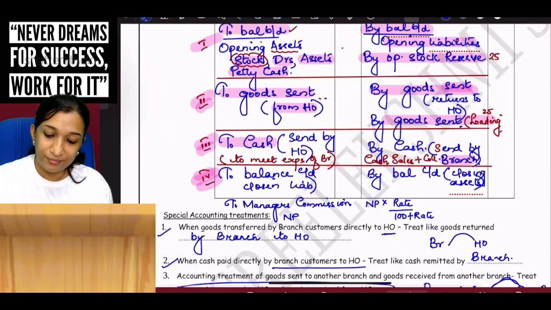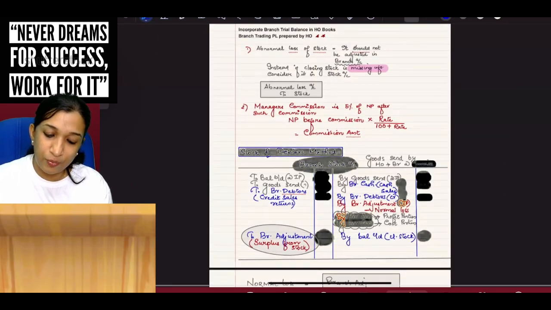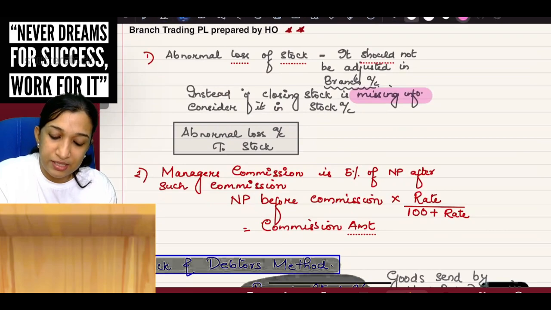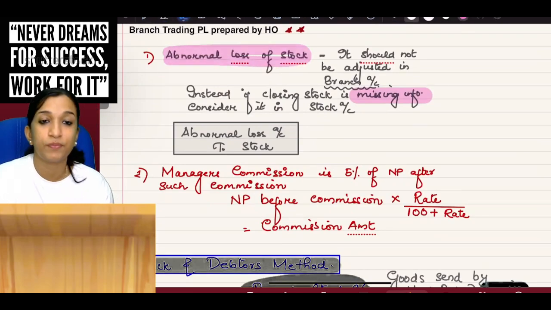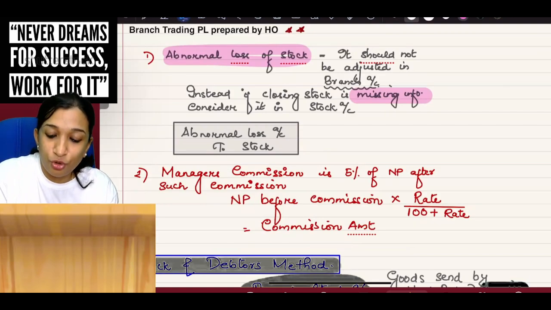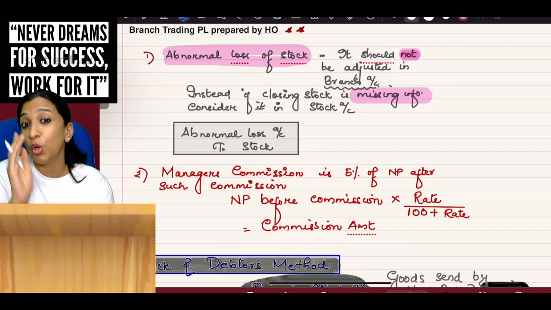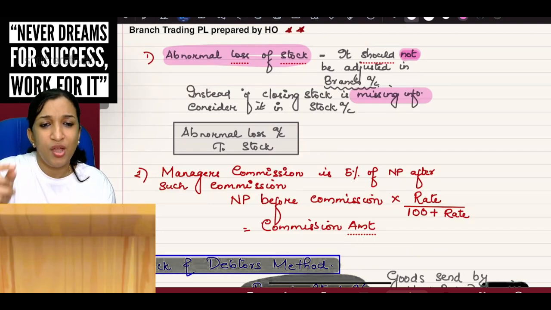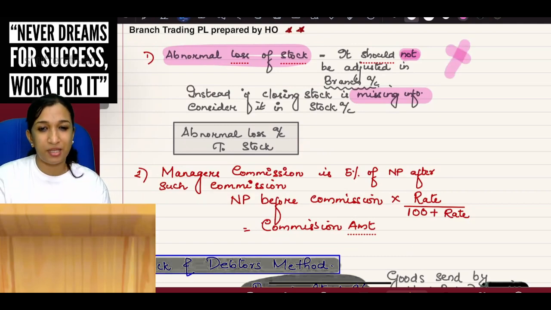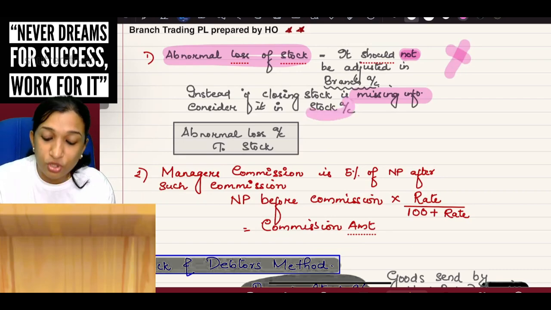Now, if the question says there is an abnormal loss of stock, it should not be adjusted in branch account. Whether it should reflect in branch account? No, it should not reflect in branch account. That information is given to find out the closing stock.